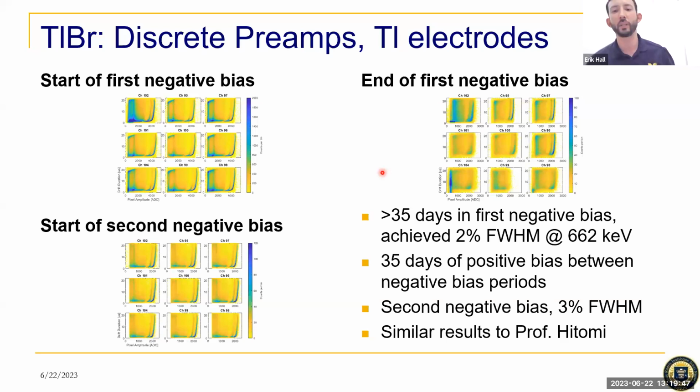So there's a photo peak still at all depths, but because the energy that we're recording from them is less precise, we think something's going on with the electrodes. If we switch the bias and introduce a positive bias for 35 days, that seems to have corrected the problem, because when we apply a negative bias again and do another measurement, the photo peaks are clear again. So this supports the work that Professor Hitomi has done at Tohoku University.